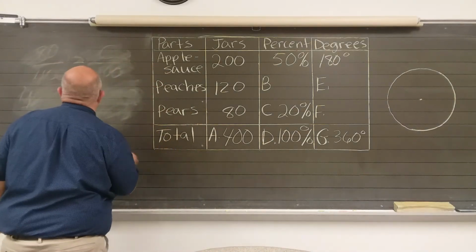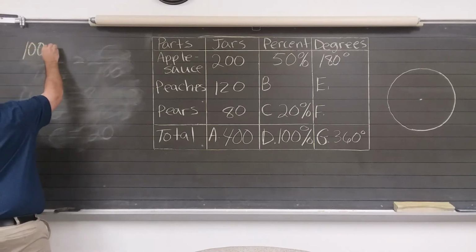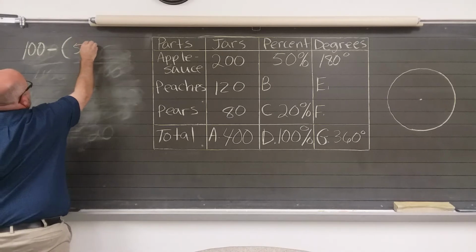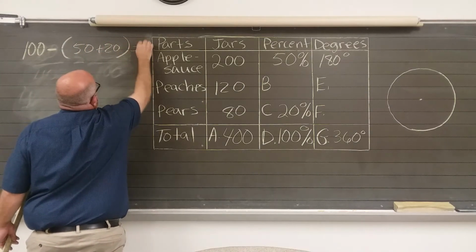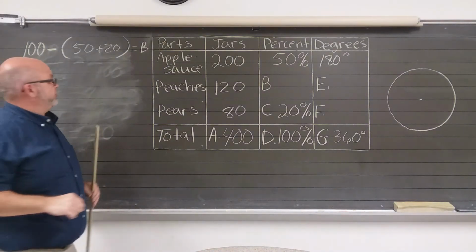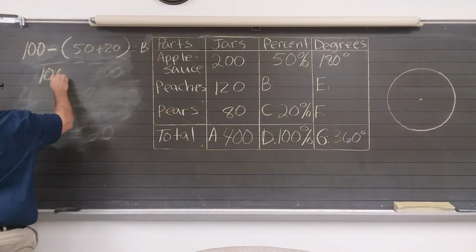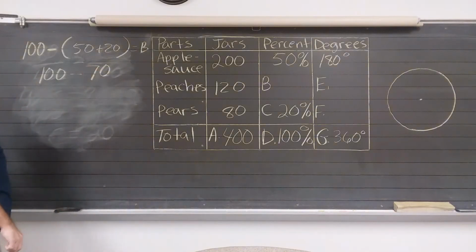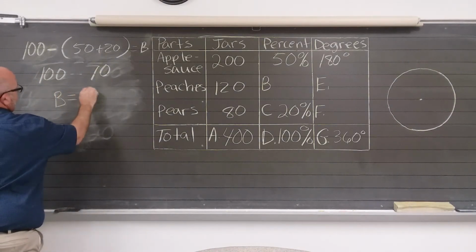So here would be your official equation: 100 minus 50 plus 20, that equals B. Okay, 50 plus 20 is in parentheses, so that gets done first. So it's 100 minus 70. 100 minus 70, B equals 30.